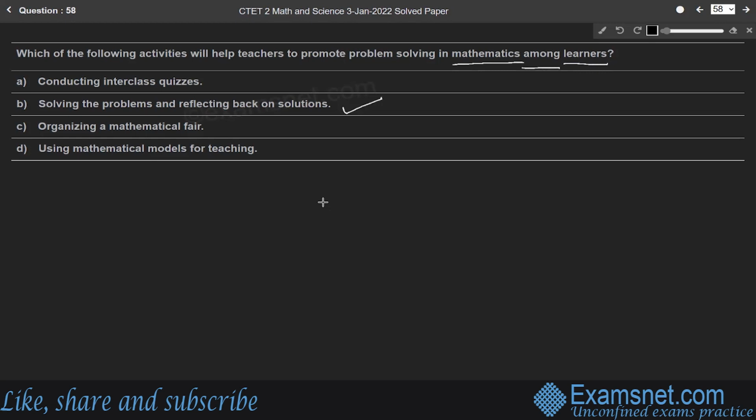Problem solving cannot be developed in children if the problem is boring or too far from their cognitive abilities. So teachers should solve problems and reflect on solutions and assess them to check where students are good and where they lag behind. Teachers should create problem solving situations for students regularly, not just during the assessment. Therefore, option B is the right answer.